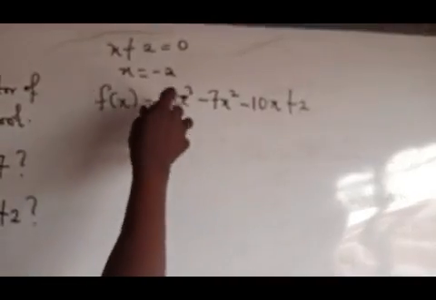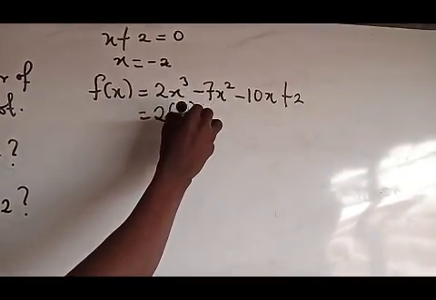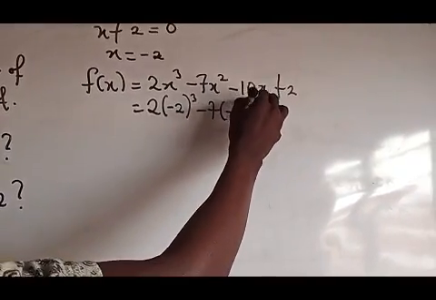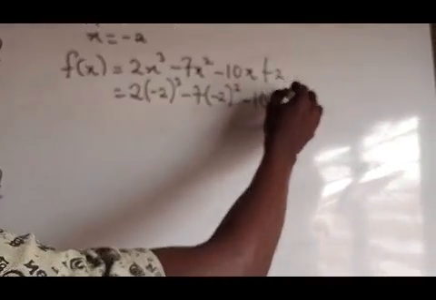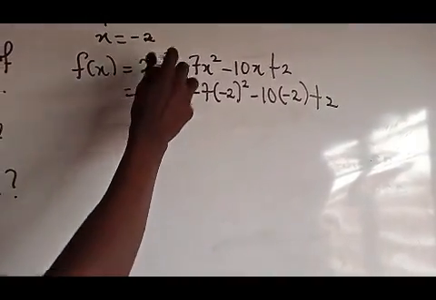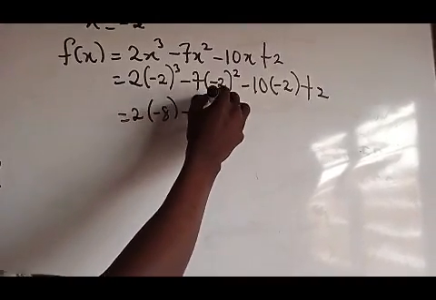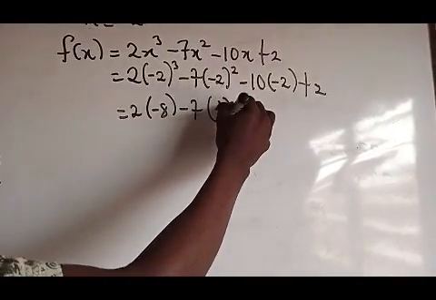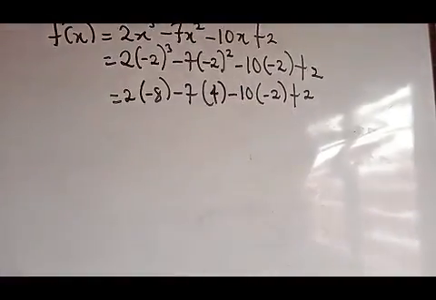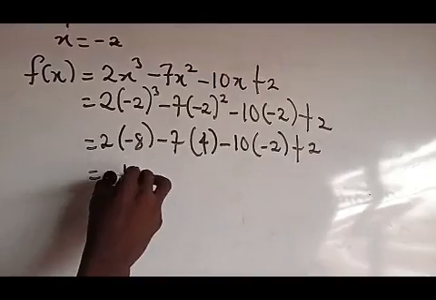So anywhere you see x now, you put minus 2. So that is 2 open bracket minus 2 all cubed, minus 7 open bracket minus 2 all squared, minus 10 open bracket minus 2, plus 2. The cube will give us minus 8, the square will give us 4, and minus 10 times minus 2 is plus 20. So 2 times minus 8 will give us minus 16.